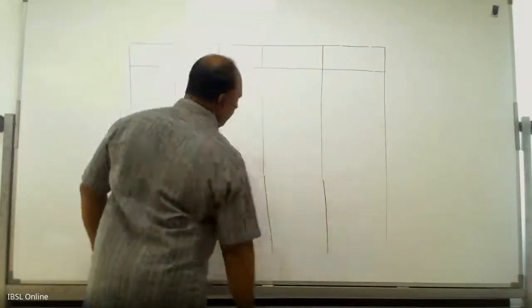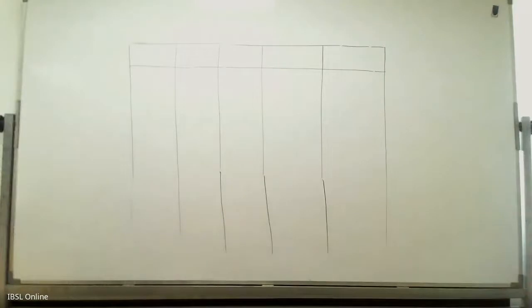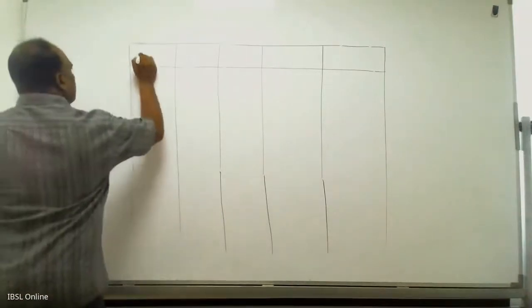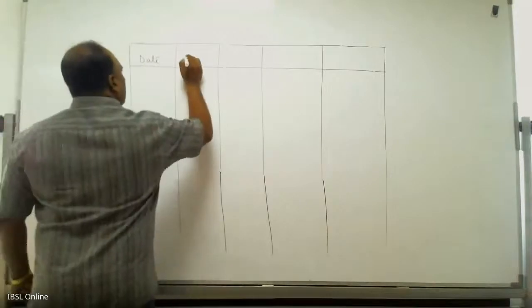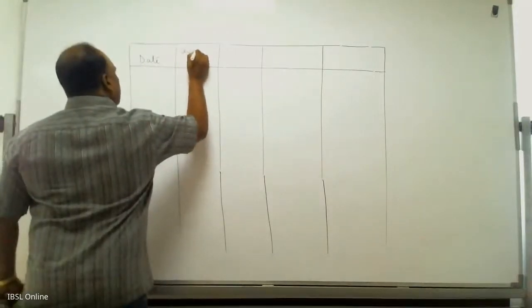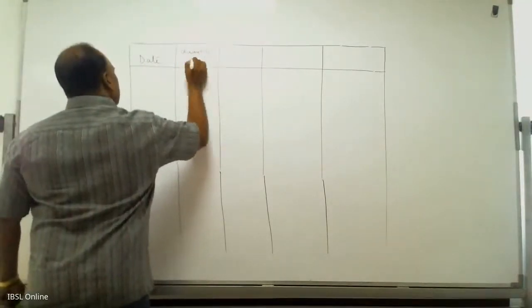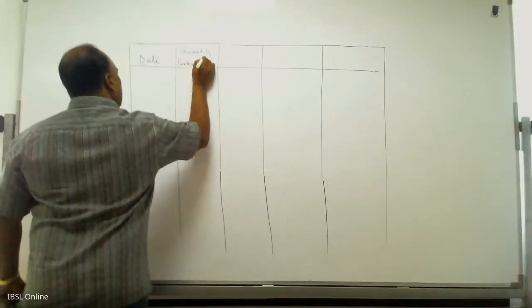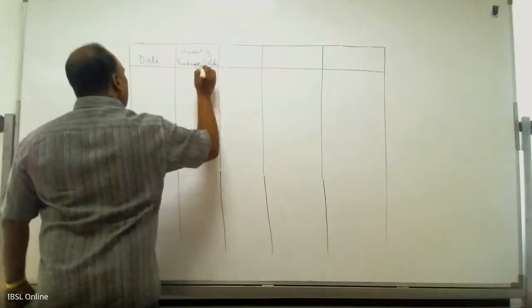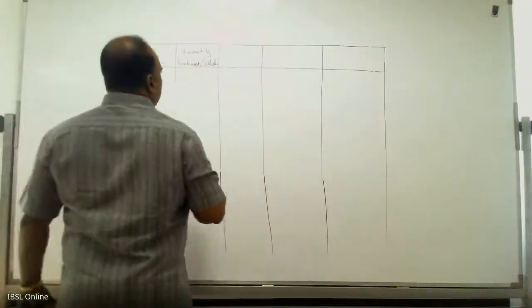First we will calculate using the FIFO method. So we will have the date, quantity purchased or sold. We are going to have both.